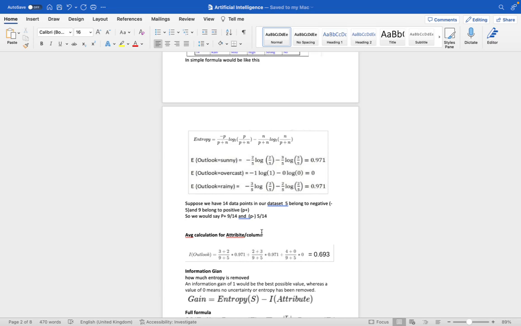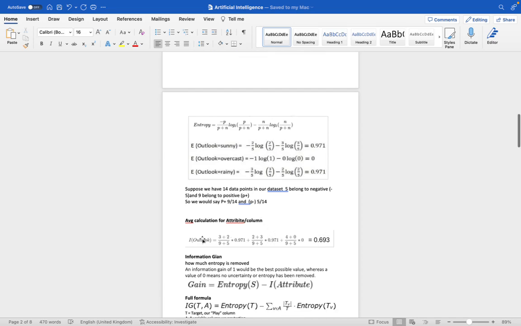Plus the other value, which belongs to 2 plus 3, over the total value of 9 plus 5, and the same. So in simple wording, the outlook's value becomes 0.693.